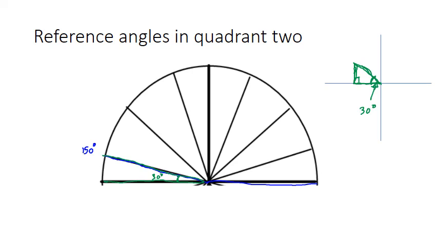So we have a 30, 60, 90 triangle. On a 30, 60, 90 triangle, and please excuse the triangle, we know that the side opposite the 30 is 1, the side opposite the 60 is radical 3, and the side opposite the 90, which is the hypotenuse, is going to be 2.